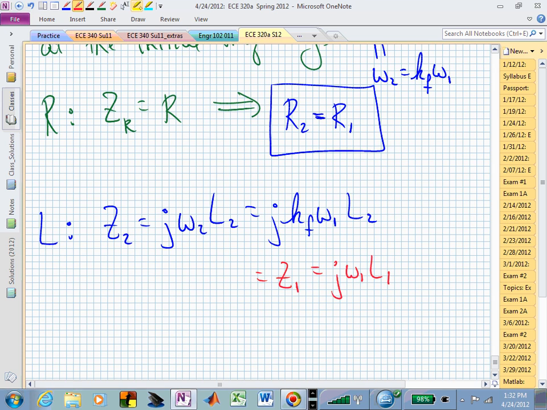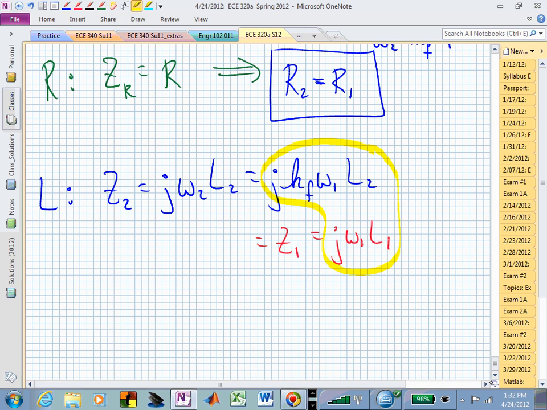Now we need to relate those two relationships to obtain our relationship for how we scale the inductor with respect to frequency. The J's cancel, the omega 1's cancel, and if we solve in terms of L sub 2, we now have L sub 2 as L1 over K sub F.